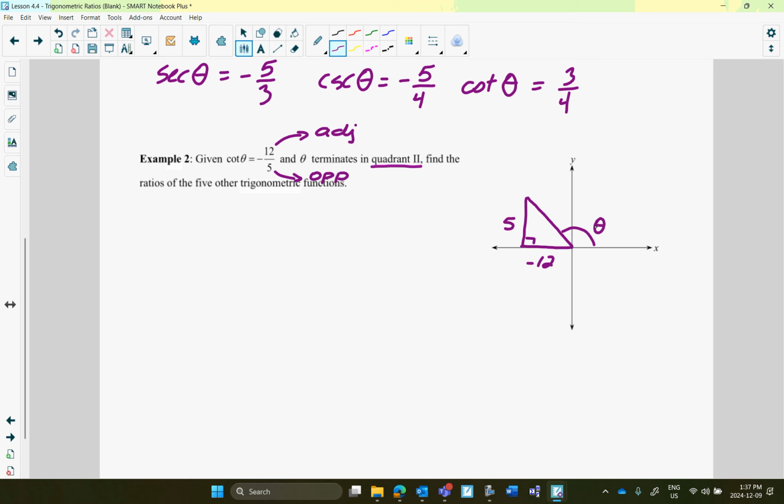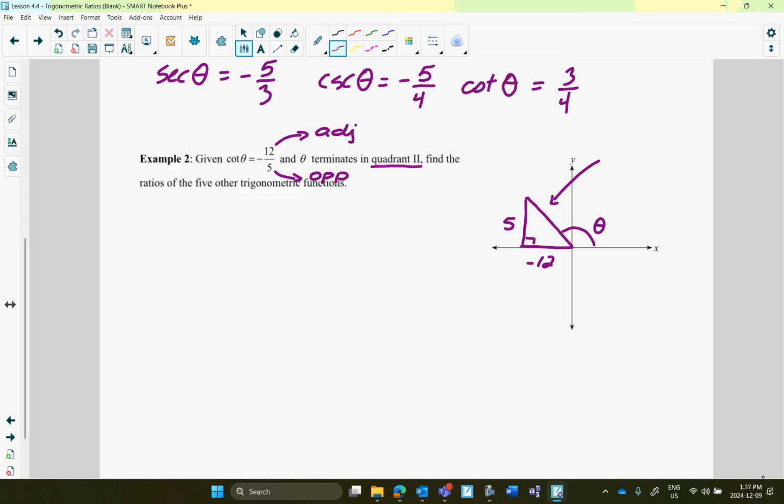To get all the trig ratios, I need all 3 sides. How am I going to find this side? A squared plus b squared equals c squared. It's not 1 because we're not told it's on the unit circle.